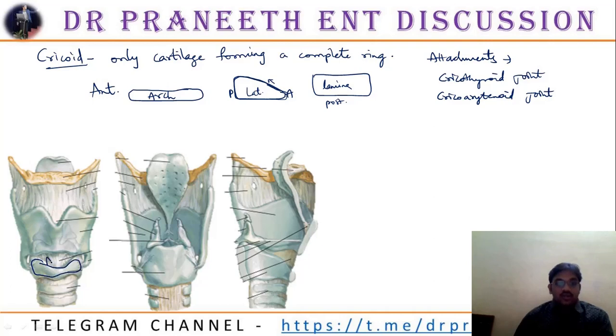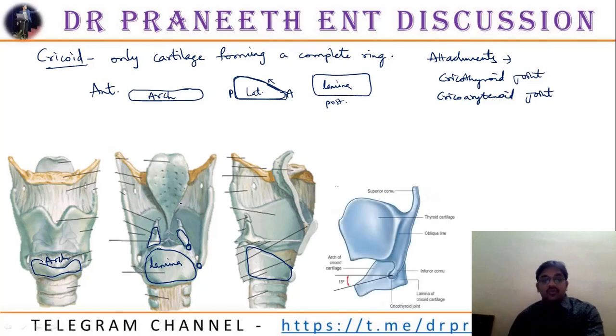If you see laterally, it gradually increases in size. And posteriorly, see how broad it looks compared to the anterior arch. This is the lamina. On this surface, your arytenoids will sit like this. Also know about the cricothyroid joint here and the cricoarytenoid joint over here. We'll see it in the next slide.